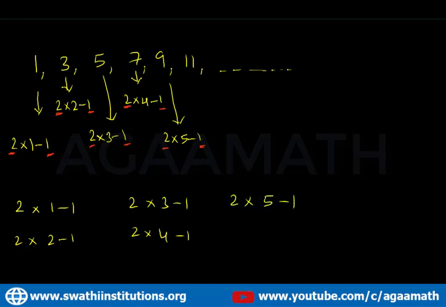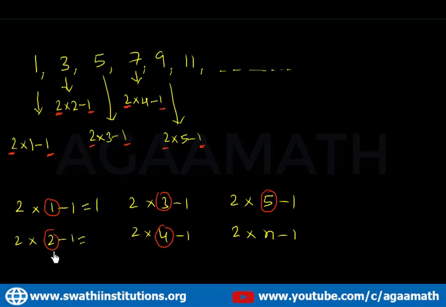If you observe carefully, all these are fixed, only this part is changing: 1, 2, 3, 4, 5. Wherever you get different values, there we use a variable. That is the reason we can write it as 2 times n minus 1, where n is a positive integer.